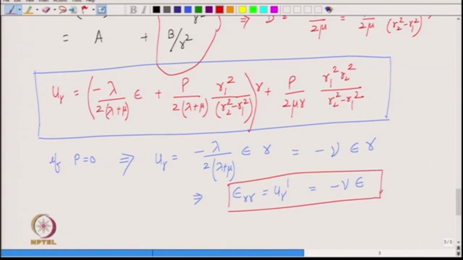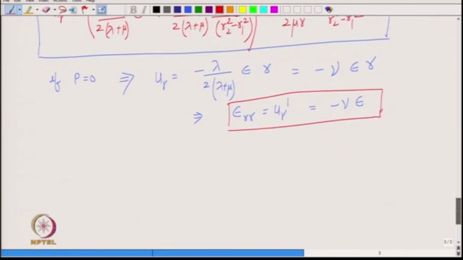So, this is u r, and what is u z? So, u z we have already figured out. We said that u z prime is equal to this epsilon. So, that means u z is simply epsilon times z, where epsilon is the axial strain, okay, and u theta we have already gotten, that is omega by L into r into z.